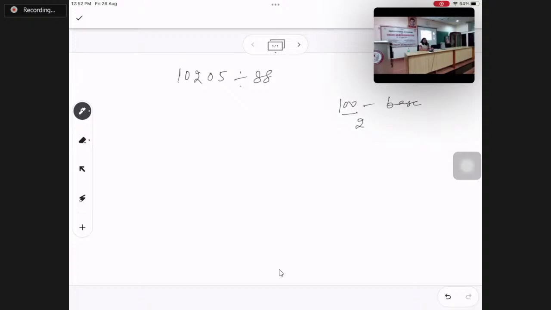Zeros play a very important role in Vedic mathematics, so you need to count the zeros. In 100 we have 2 zeros, in 1000 we have 3 zeros, and so on. So the 100 has 2 zeros, which means the remainder will be a 2-digit number.